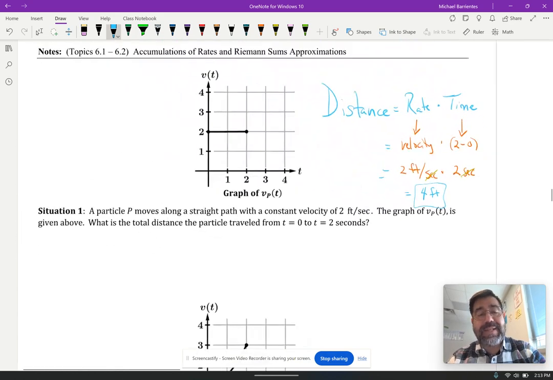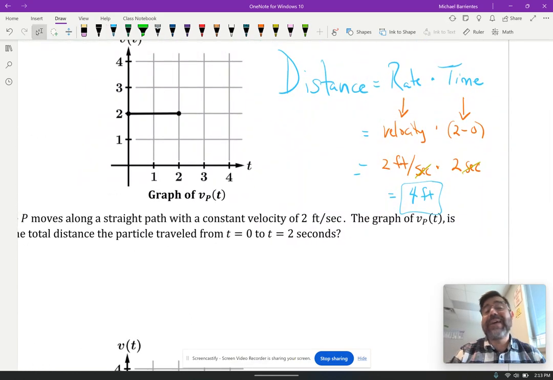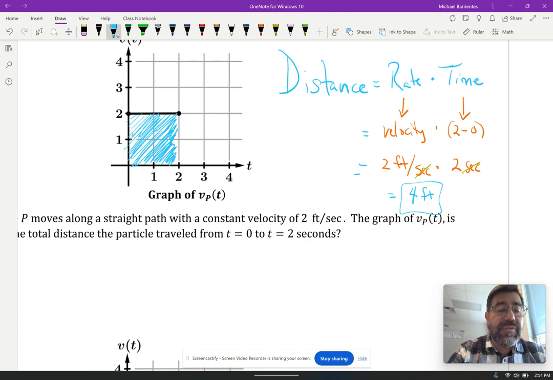Now, if I go back to the picture, how could we have figured that out by looking at the picture instead of doing our calculation on the side? We look at this and realize the distance I'm looking for is really just the area under this curve from time 0 to time 2.